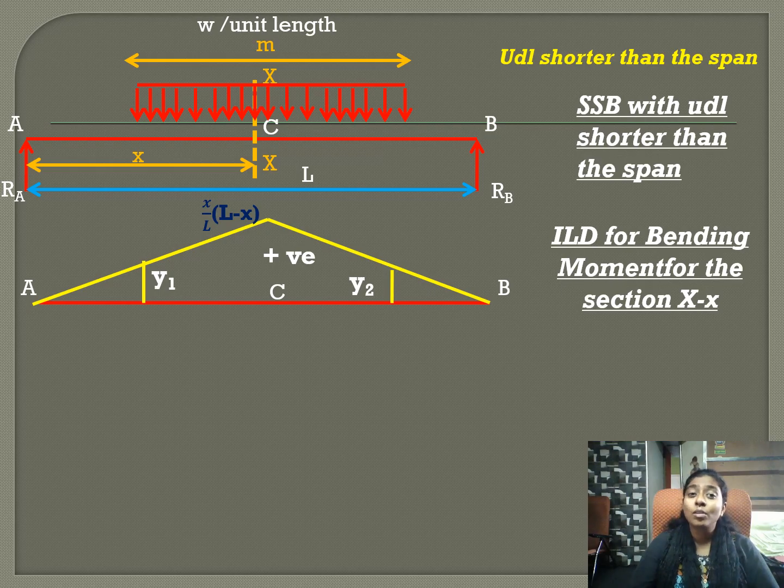We do not know which part of this UDL should be placed at C. Now it is our aim to find how much portion of this UDL should be on the left of C and how much part of the UDL should be on the right part of C.